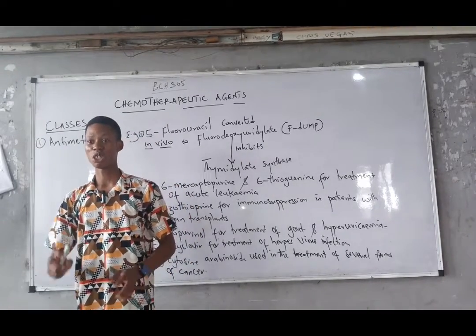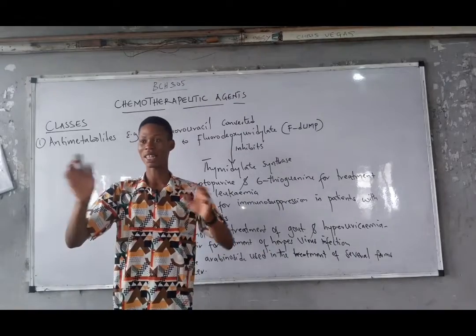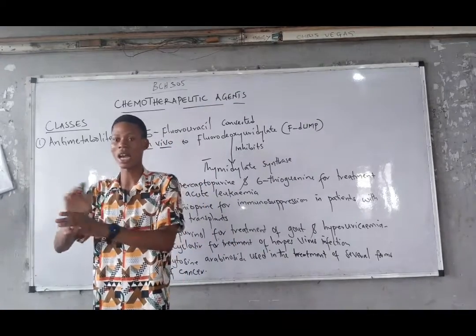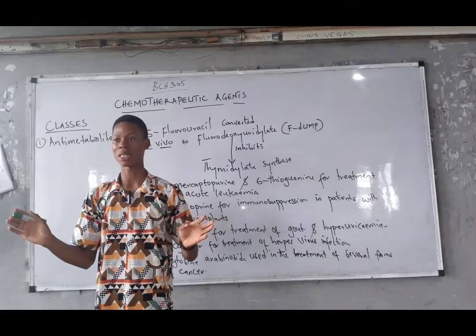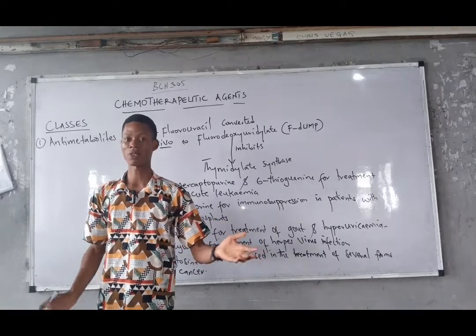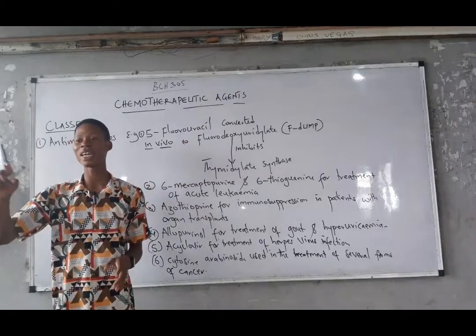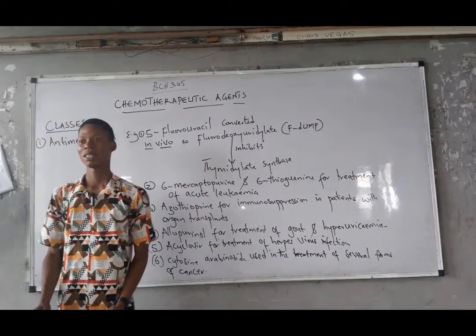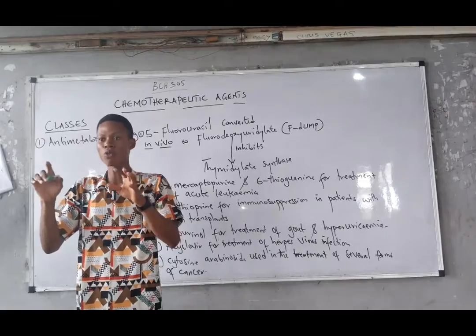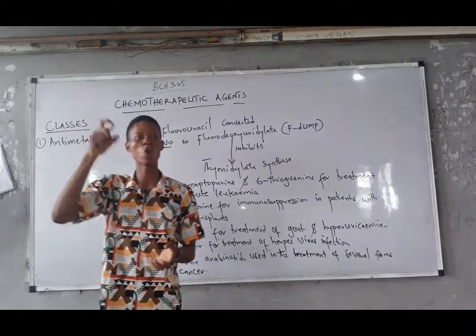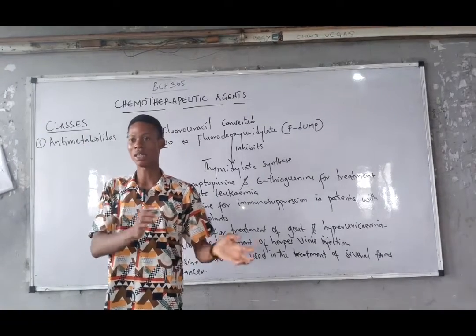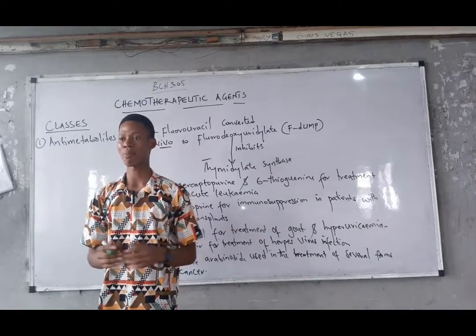But the medication will just look for any cell that is actively dividing and affect that cell, which is a negative side effect of the drug. So we'll look at that. But modern chemotherapeutic agents, they've looked for ways to affect only the cancerous cell and leave the other cells apart.